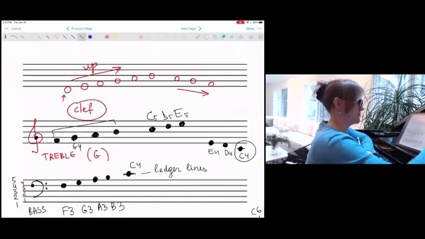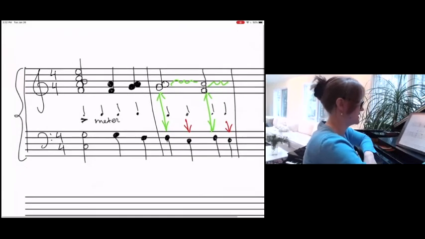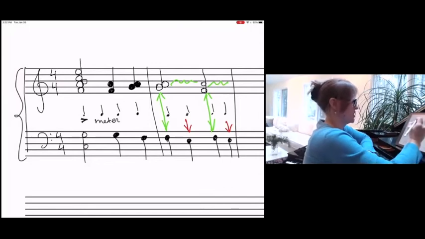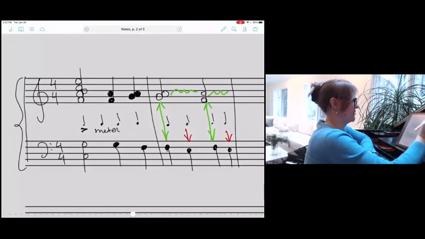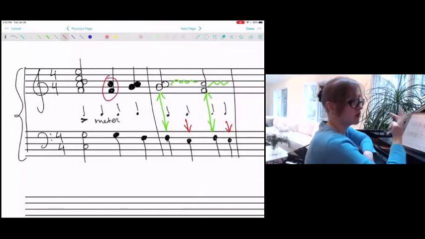For that, I'm switching again. I'm going to go here. So this is an example that I just drew yesterday for another section. When we have notes on top of each other, like this and this, these notes are played simultaneously.